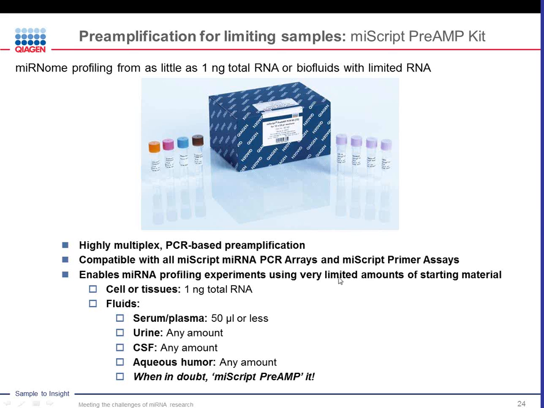And it enables microRNA profiling from very limited amounts of starting material. For cells or tissues, you only need 1 nanogram of total RNA. And for fluids, we would recommend preamplification when working with 50 microliters or less of serum or plasma, and any amount of basically any other fluid that you're thinking of. And when in doubt, miScript preamp it, quote unquote.